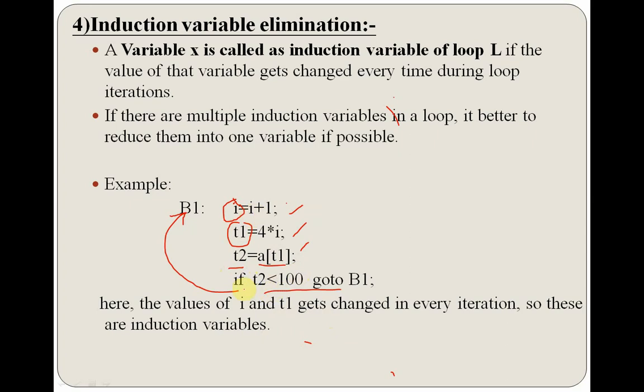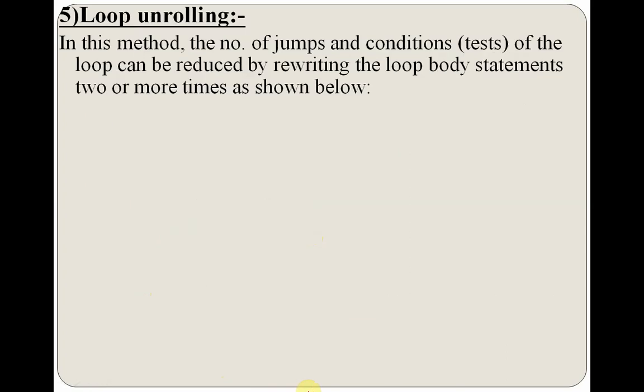So t2 is not an induction variable. So there are two induction variables available, and it is better to reduce them. Here the values of I and t1 get changed in every iteration, so these variables are called induction variables. Then it is better to reduce them into one variable if possible. This is called induction variable elimination.